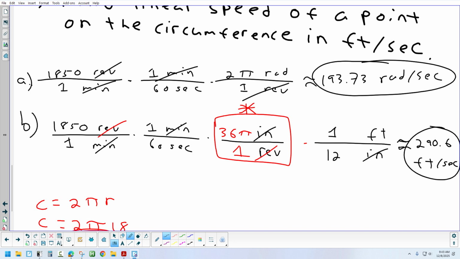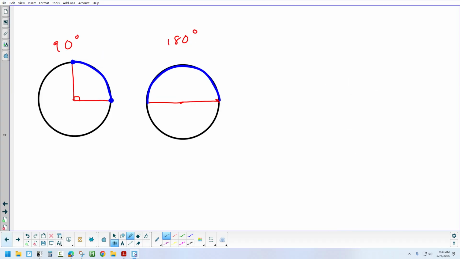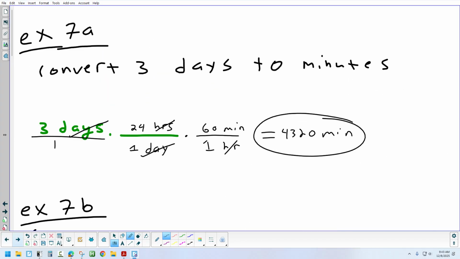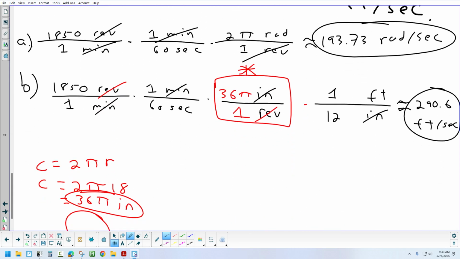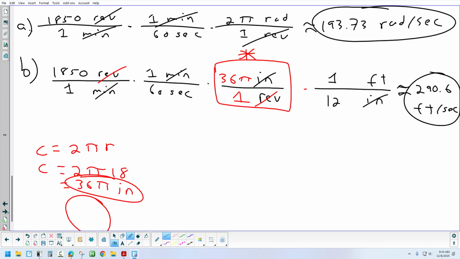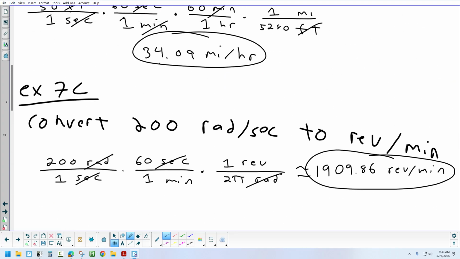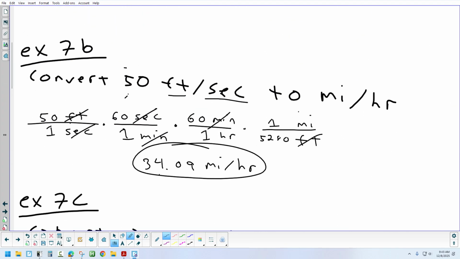Okay. Now, just to get an idea of how fast that is, we converted between feet and seconds somewhere else. When we had 50 feet per second, that was 34 miles an hour. This is 290 feet per second. So that's almost 6 times faster than 50 feet per second.